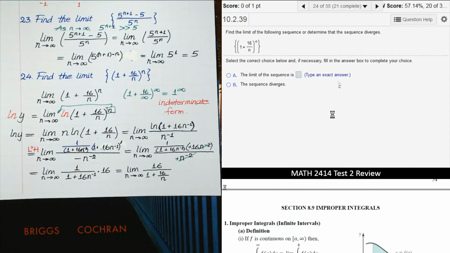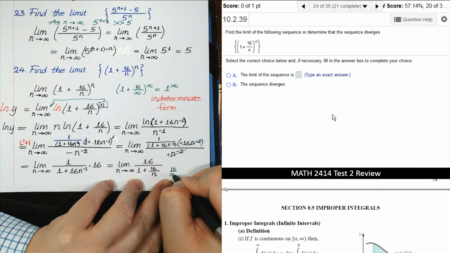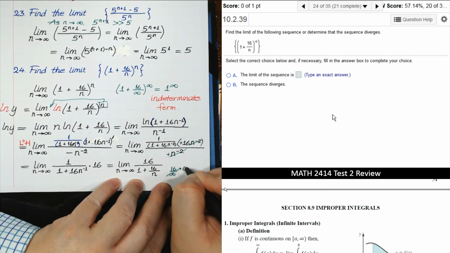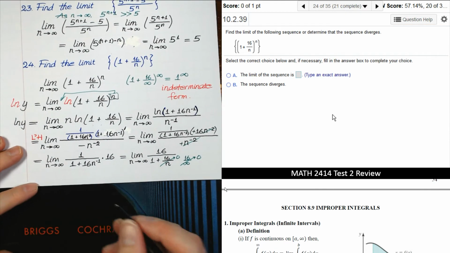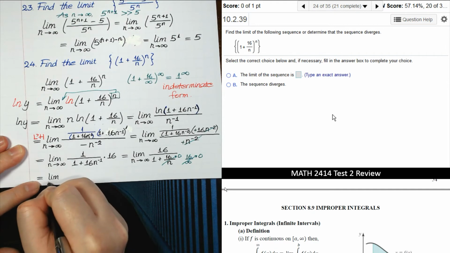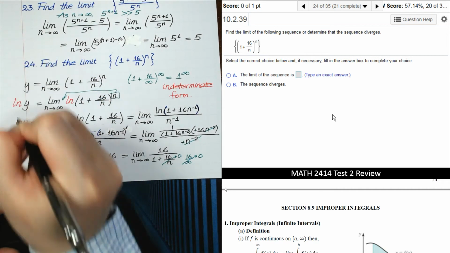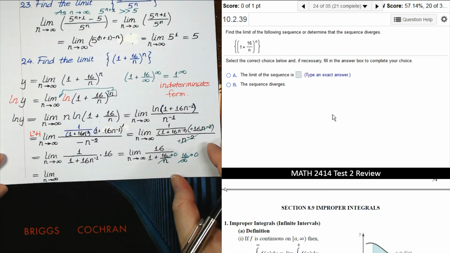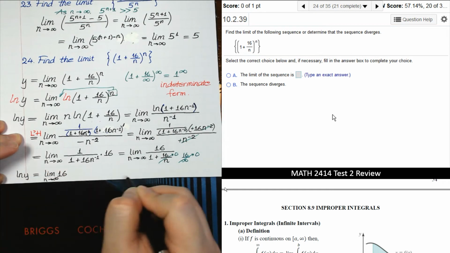We can always do that. Now 16 over n, when n goes to infinity, goes to 0. So that one goes to 0. Bottom line is we have 16 over 1, which is 16. So the limit as n goes to infinity of ln of y is equal to 16.